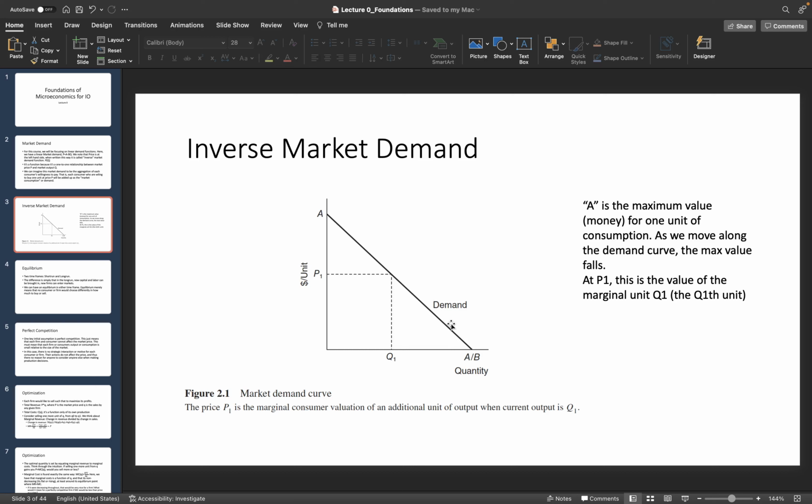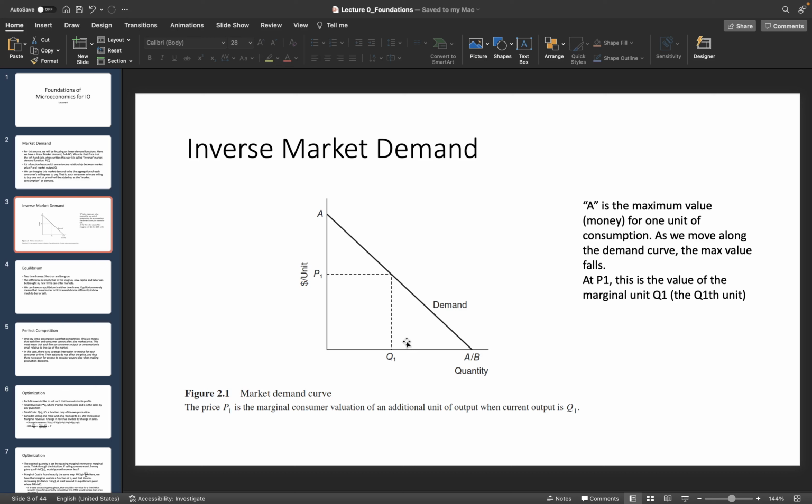So that's what you would think about when it comes to market demand. In particular, any given price P1 is the marginal consumer valuation of consuming an additional unit when the output is Q1. Imagine we are at Q1, and the person who last decided to buy at Q1 has a willingness to pay that cannot be less than P1; it has to be at least P1.